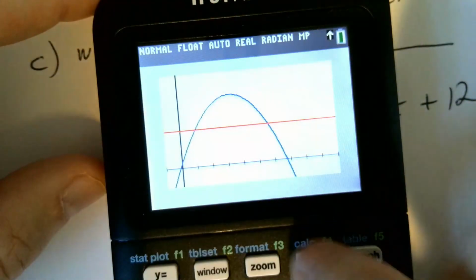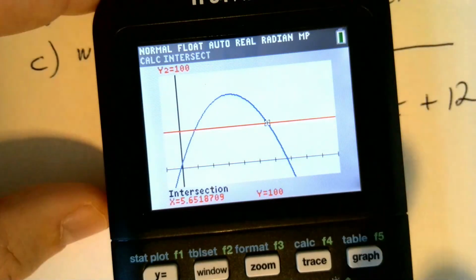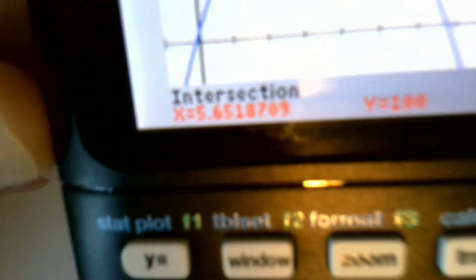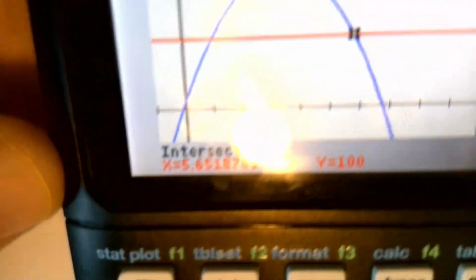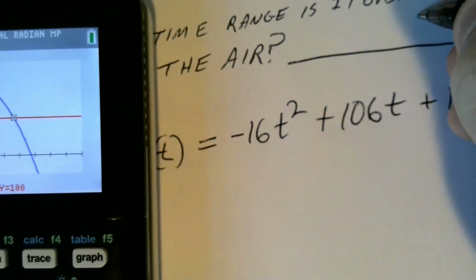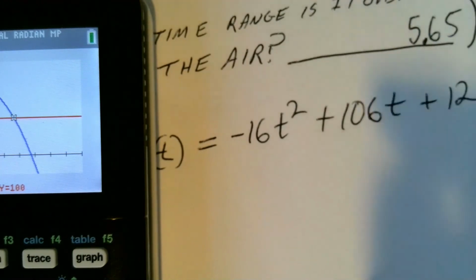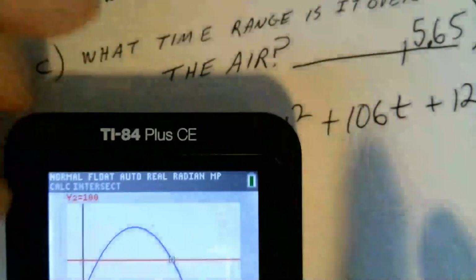So I'm going to go second trace, number 5 intersection, enter, enter, enter. I see that my time here is 5.65. So there's my left-hand range. And they don't have to be perfect, but give me at least to the 100 spot. And let's find the other one.